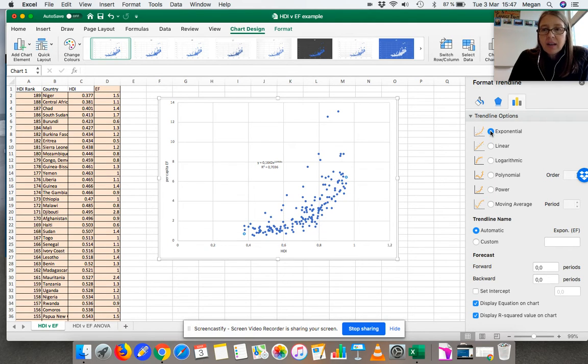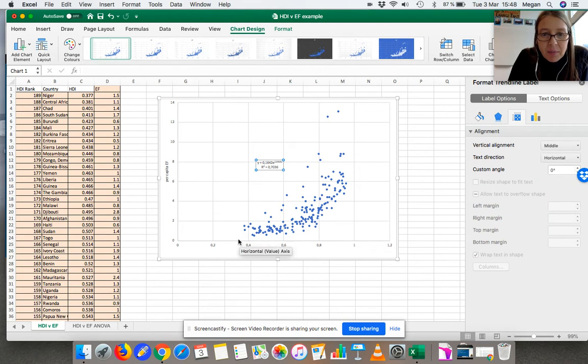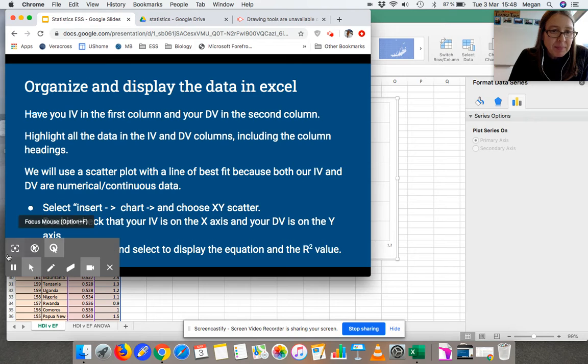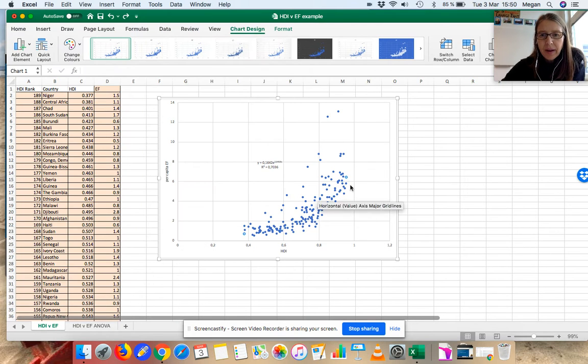And you can see with that exponential, we have, of course, changed the equation because we have a different line, which is very light. Let me see if I can find my line here. Okay, it's hard to see the line, so I'm going to actually format that trend line.